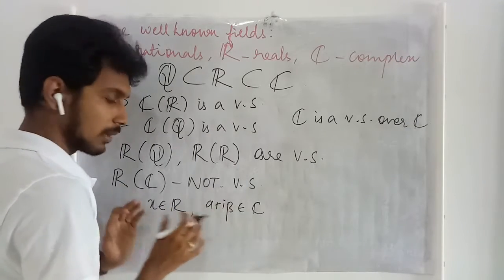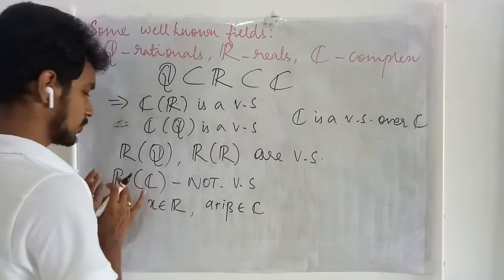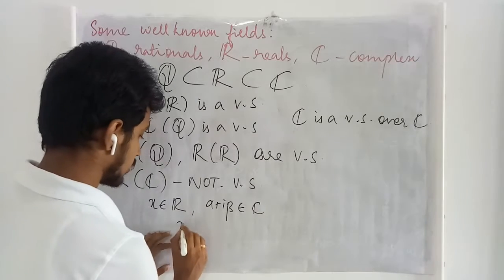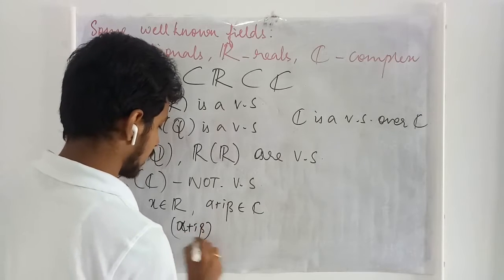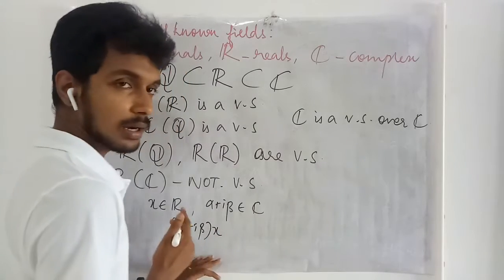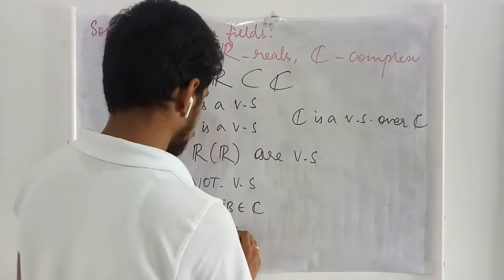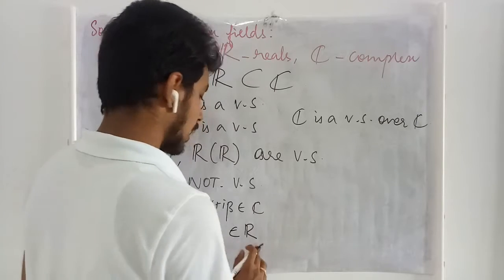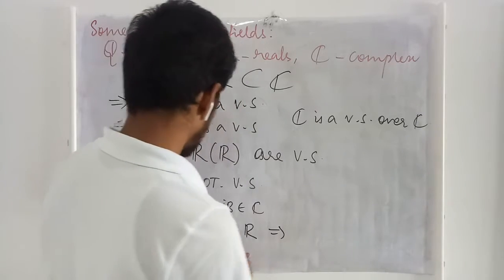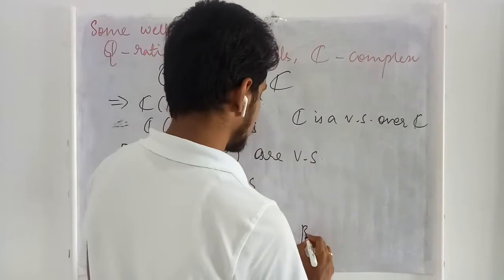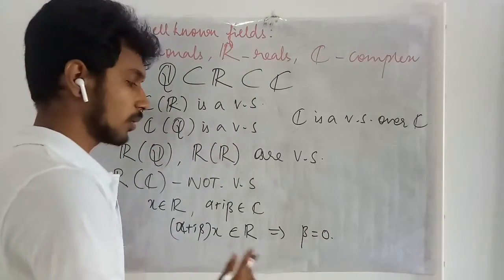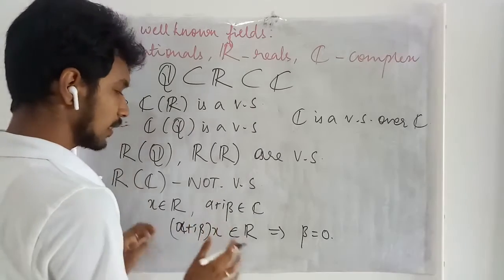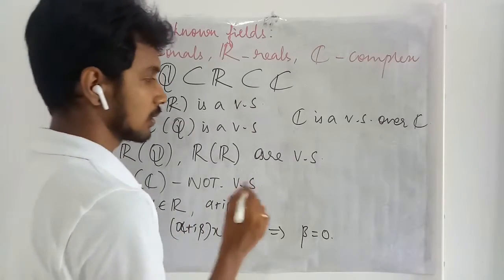When you make a scalar multiplication, the result must be in R. Alpha plus i beta times x: I do not have a guarantee that this is a member of R. If it has to be a member of R, then I must have that the beta part is 0. But that is not true always. Therefore, we can see this is not a vector space.